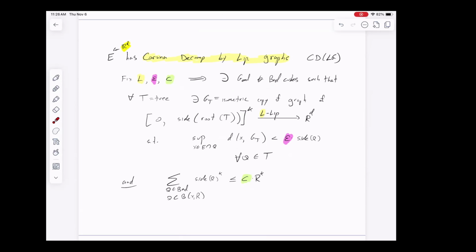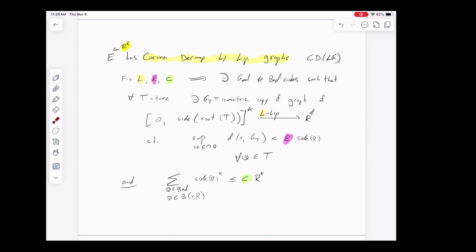And if after I snip at all the bad cubes, I get a bunch of trees, and each tree has a good set G_T, which is an isometric copy of a graph of a function that looks like this. So a graph at the right scale with a fixed Lipschitz map.